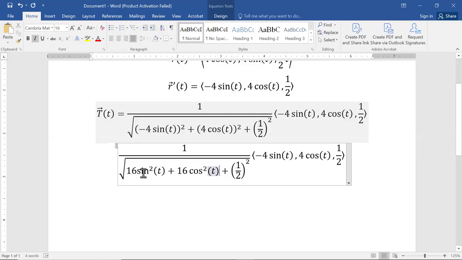And hopefully you know by now that sine squared plus cosine squared gives you 1.